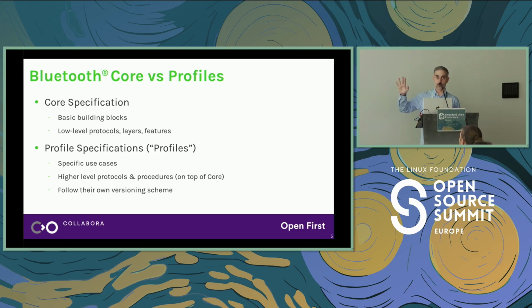And when we are talking about versions, when we say, let's say, Bluetooth 1, Bluetooth 2, Bluetooth 5, or 5.4 or something, we're basically referring to the version of the core specification, while the profile specifications have their own versioning scheme, even though they are being released together with some update to the core. So we might see, let's say, HFP 1.9 was released together with Core 5.2, I think, or something like that. So they get released together, but they have separate versioning scheme. So with that in mind, let's dive in.